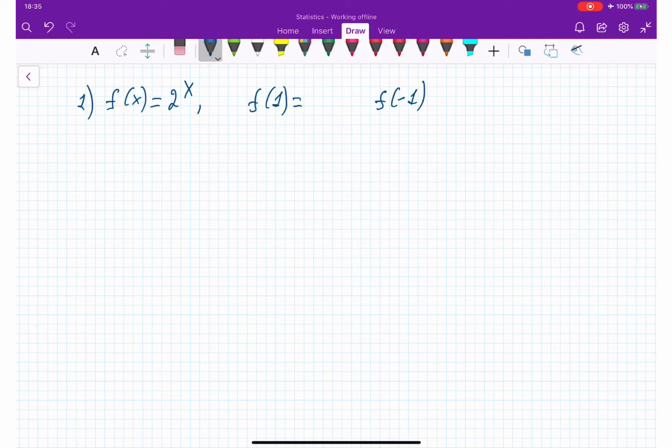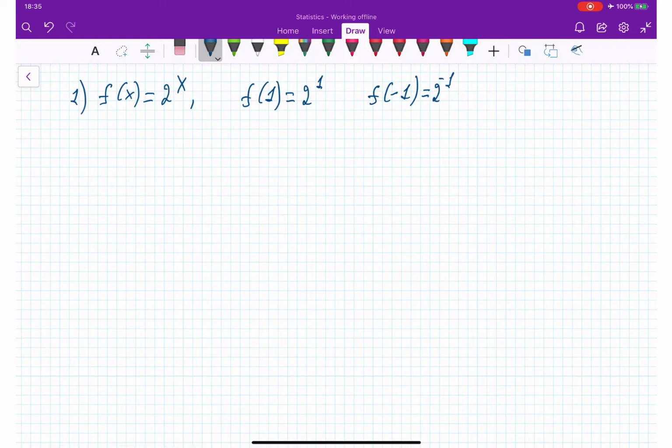So f of 1 is going to be 2 to the power 1, because we plug 1 in for x. And f of negative 1 is going to be 2 to the power negative 1, which will be 1 over 2.